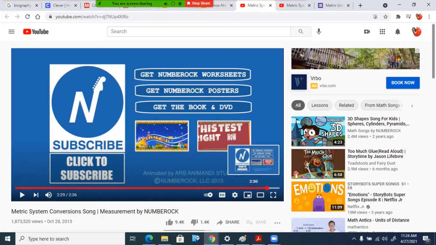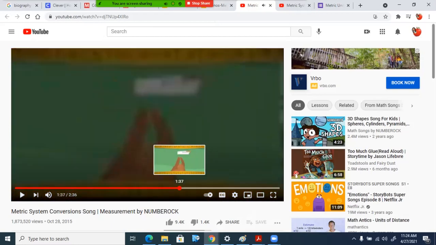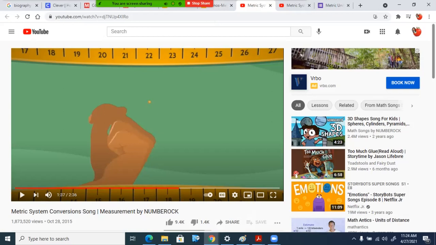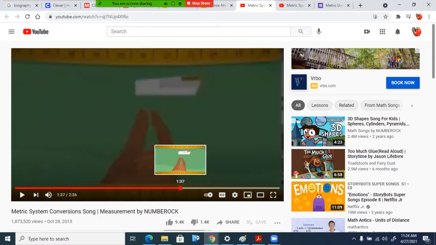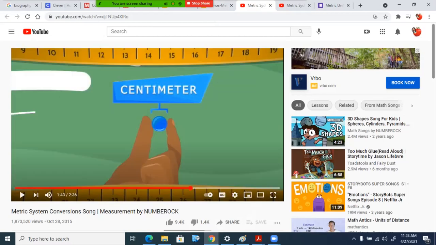Okay. So the important thing is that you understand what we can measure with millimeters. 1 millimeter is about the size of a grain of sand, right? Then we learned that a marble is a centimeter.